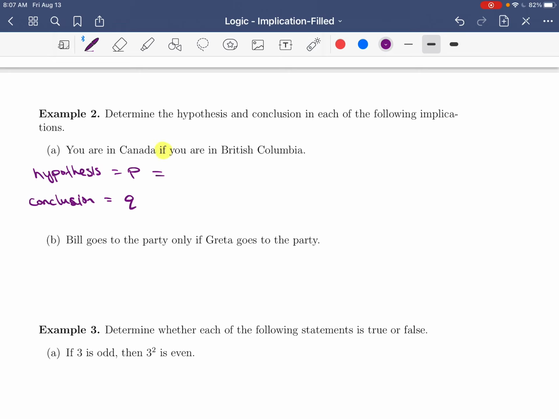The thing that follows the if is the hypothesis. So you are in British Columbia is the hypothesis, which means you are in Canada is the conclusion.